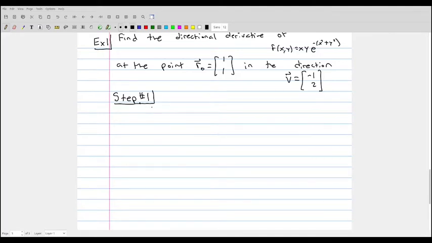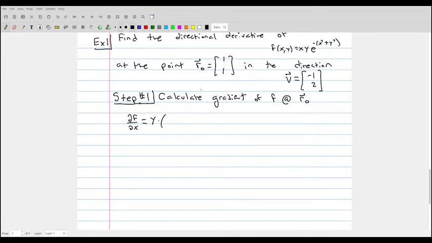Step number 1 is to find the gradient vector at the point r0. So this involves taking the partial derivatives. We calculate df/dx by taking the partial derivative of this expression, which we've calculated before, but I just want to go through and do this again so you get some practice.